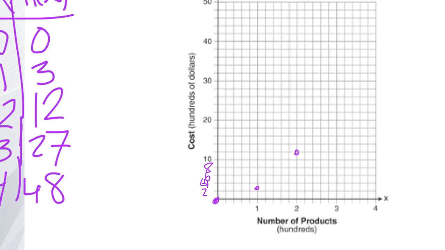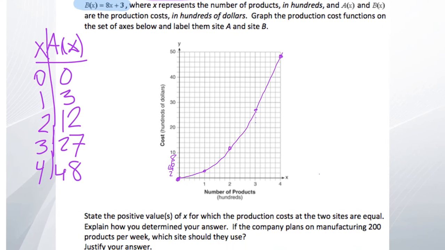That's here. 3 and 27. Let's see, that's 20, 22, 24, 26. So 27 is right there. And then 4 and 48 will be way up near the top here. So we can see that this is growing exponentially. So this is going to form a nice little curve, just like so.